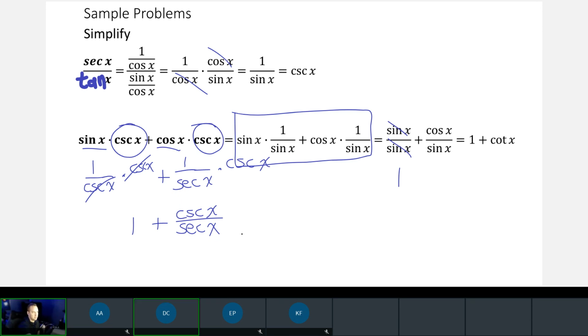Oh, that's where that 1 came from. And then from your identities list, if you look, cotangent of x, or theta, or whatever I have written on the sheet, is equal to cosine over sine. You see that on your sheet? Okay, yeah, that makes sense. Yep, and that's why that part becomes cotangent of x.